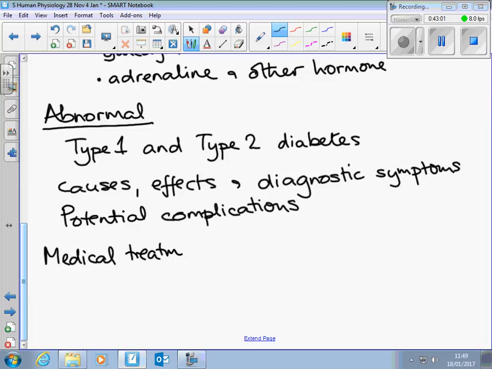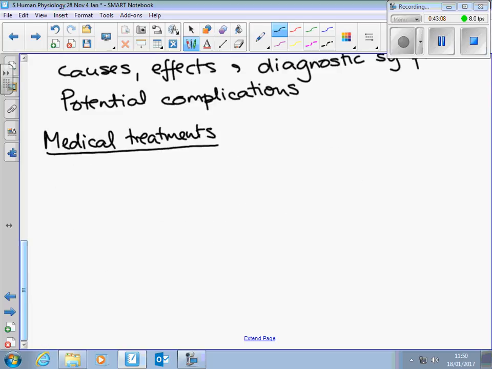So your medical treatments here, well, again, it's about restoring normality as far as possible. They're different, of course, for the two types. Type 1 is really about replacing the insulin.